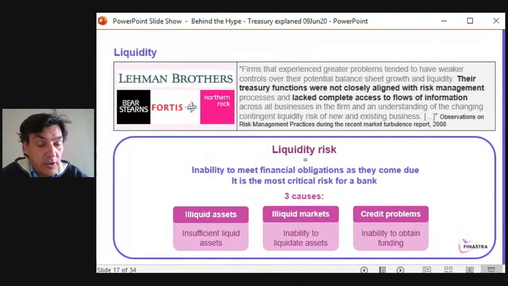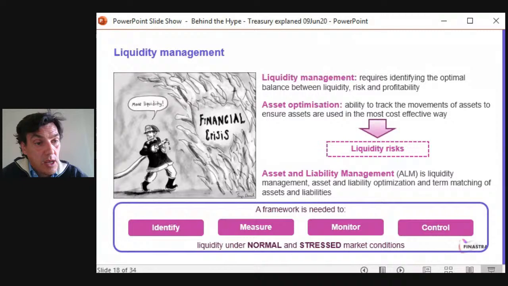It comes on top of the funding and the pricing, and we will look at what banks are using as instruments to manage. Just before that, so what do you need to do to manage properly your liquidity?